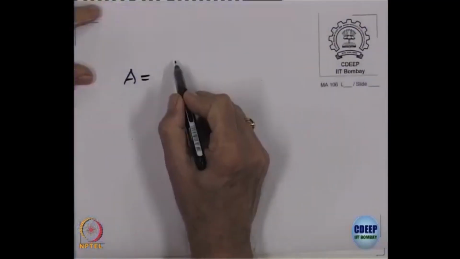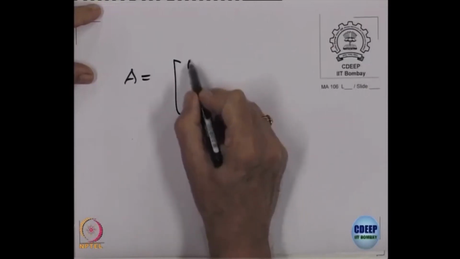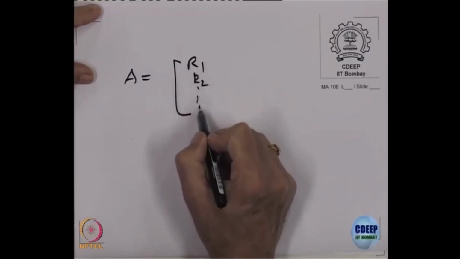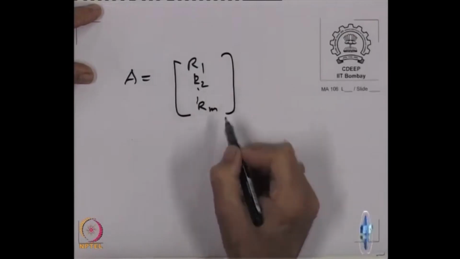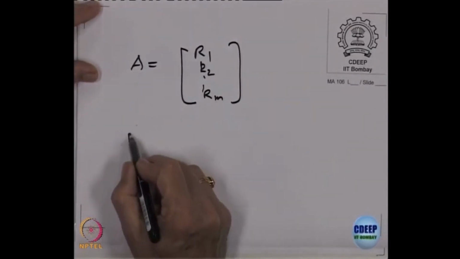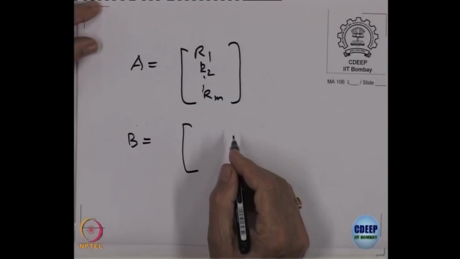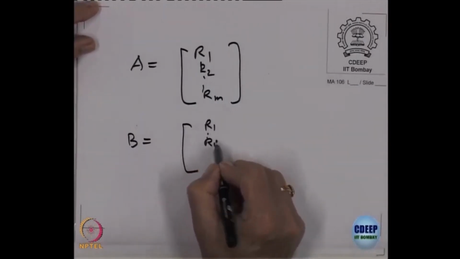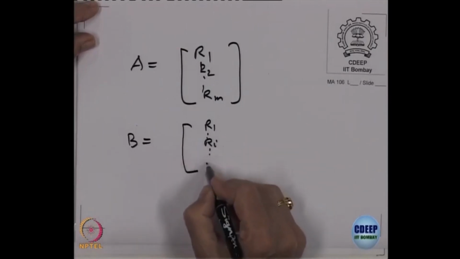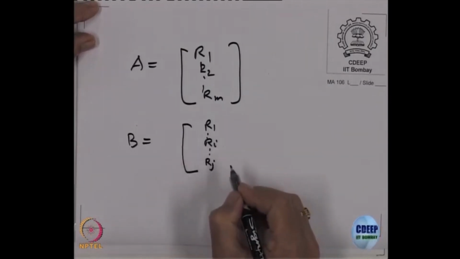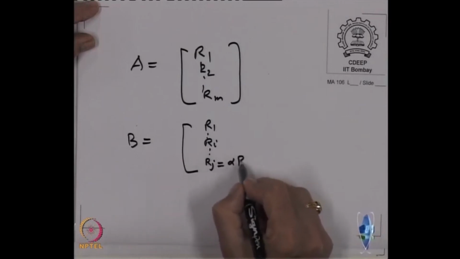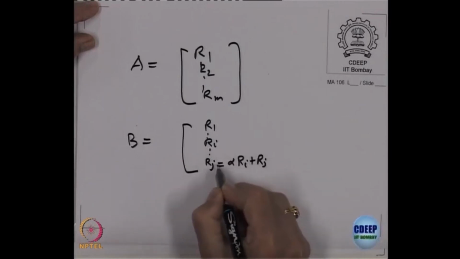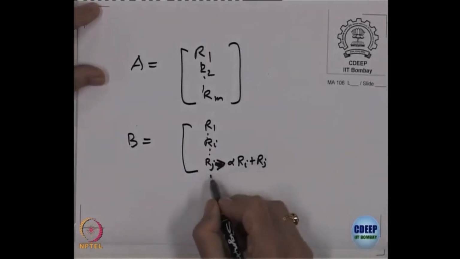Is it clear? See, let us say A is equal to R1, R2, up to Rm. Now what is B? I have replaced the jth row, so R1 up to Ri is the same. In the jth place, Rj has become alpha Ri plus Rj, and the remaining rows are the same up to Rm.